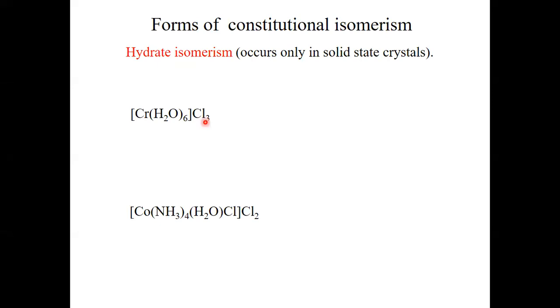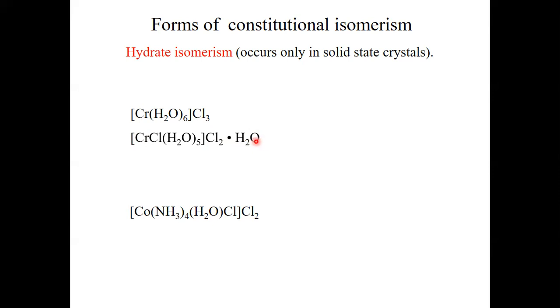A hydrate isomer to this compound exists, in which one of the 6 water molecules is moved out of the coordination sphere and is now just bound as a water molecule as part of the crystal structure, but it's not directly bonded to the chromium anymore. Of course, such a hydrate can only exist in solid state.